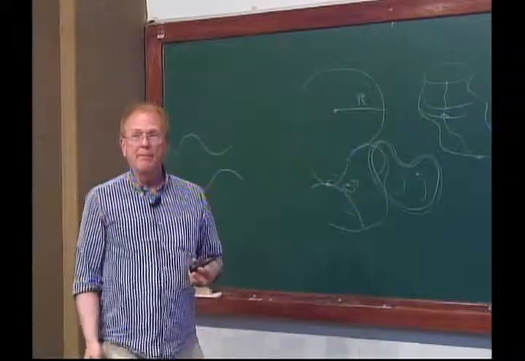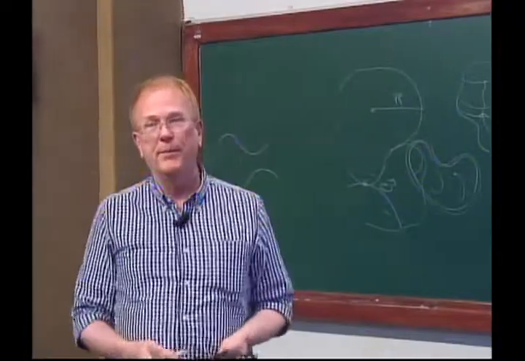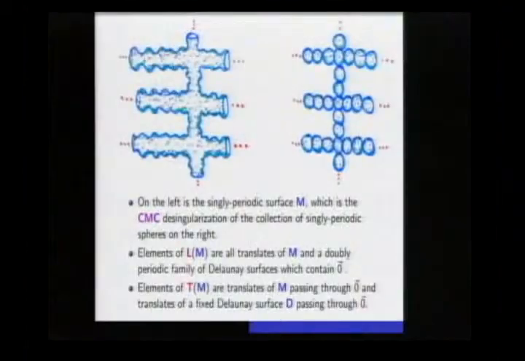There's L of M, and then there's T of M. T of M are connected surfaces that go through the origin, and they have a base point. Right. Now, if I take the translations which I translate a point on the surface to the origin, then I'll get a surface going through the origin. But right now, L of M does not need to have any component that goes through the origin. These are all translation, divergent translations, not necessarily from points on the surface.